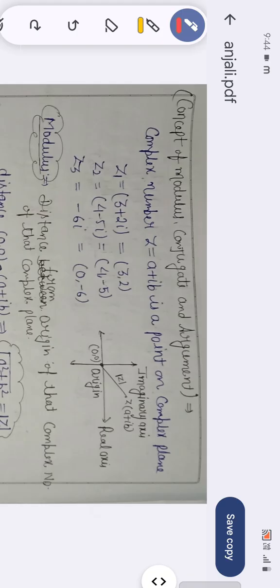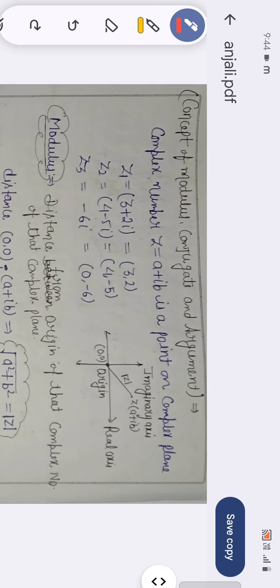Concept of modulus, conjugate and argument. In a complex number, z equal to a plus ib is a point on the complex plane. Suppose you are given an example z equal to 3 plus 2i. What is the Cartesian point? 3 and 2. We can represent 3 and 2 in the Cartesian plane.